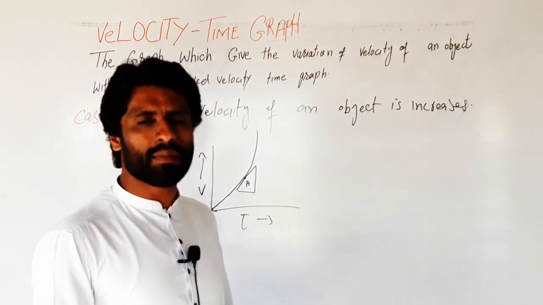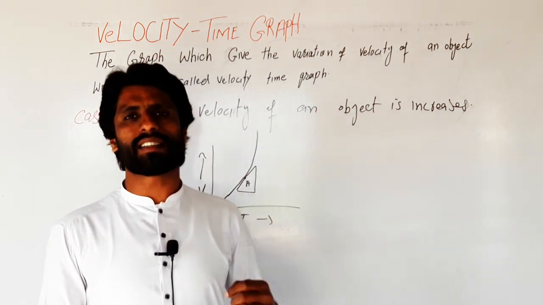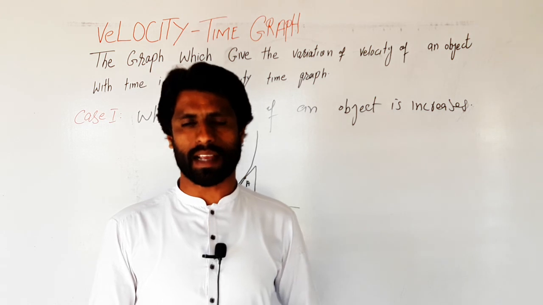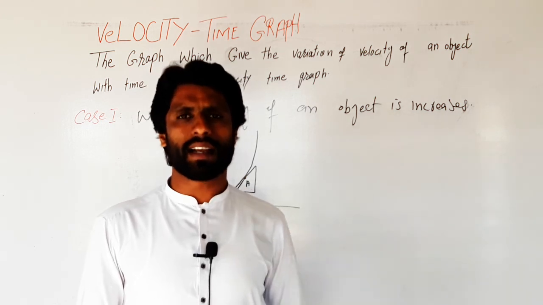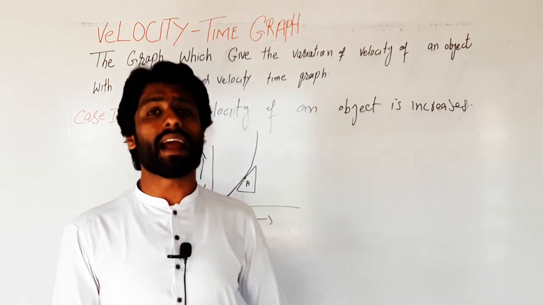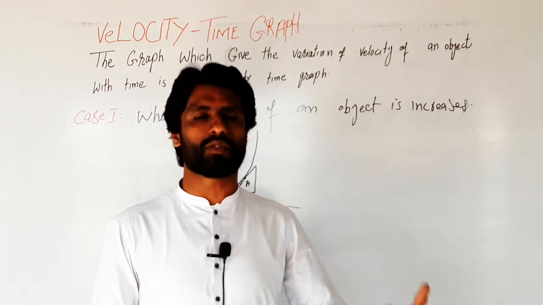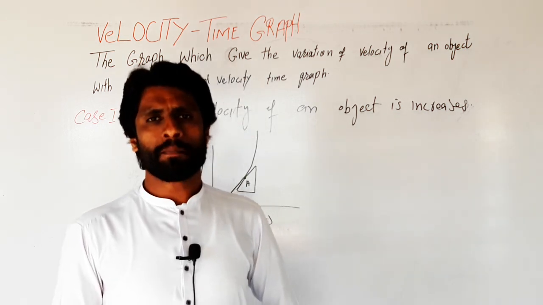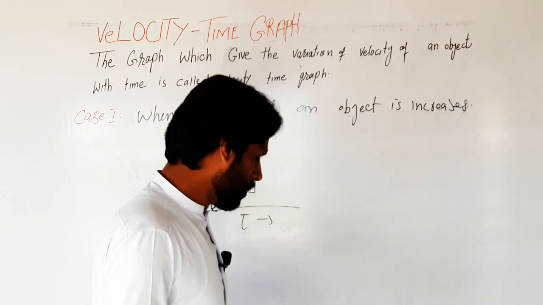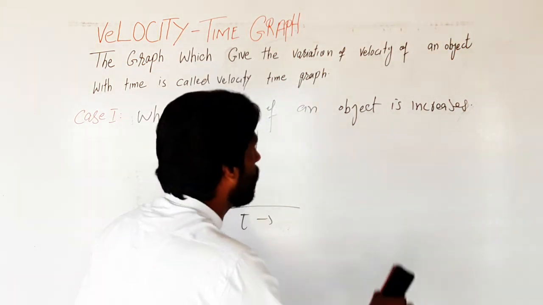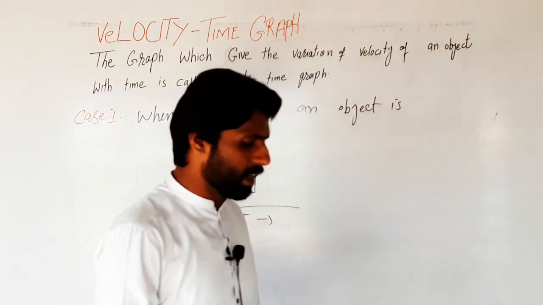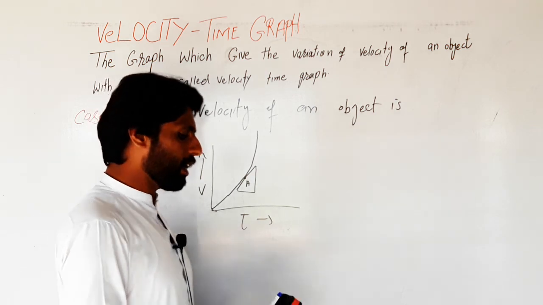At the first second velocity decreases 10 meter per second, and the next second decreases 15 meter per second, and the next second decreases 25 meter per second. That type of motion is known as negative acceleration or deceleration.